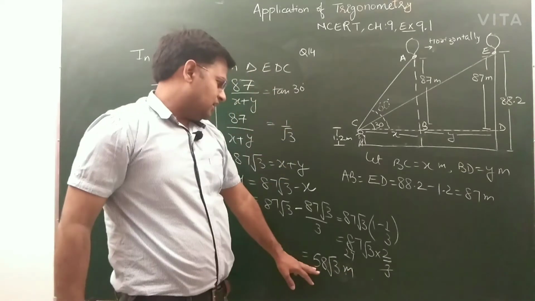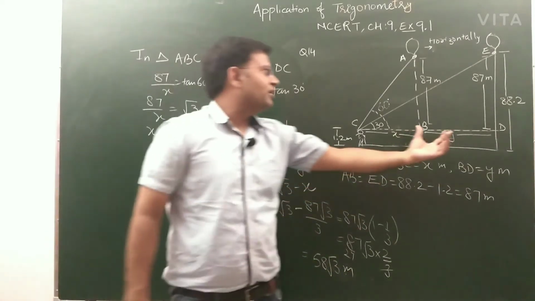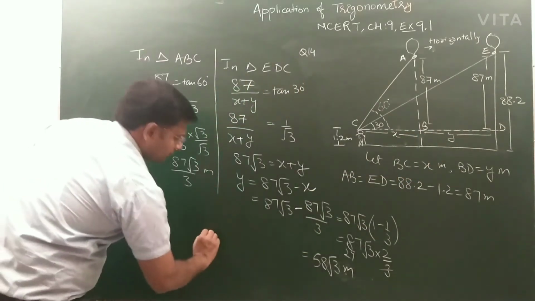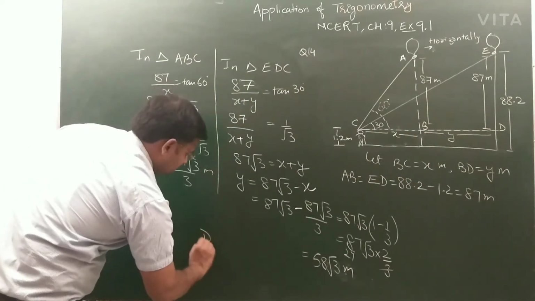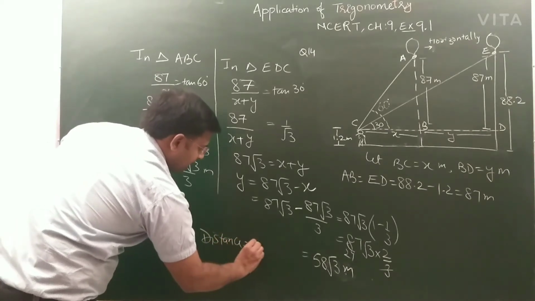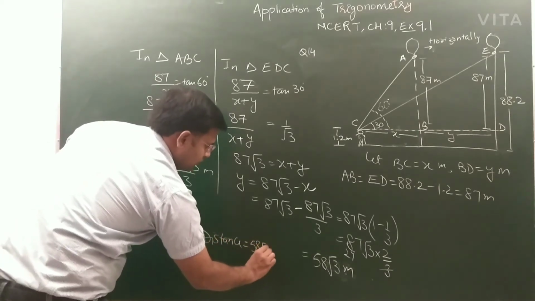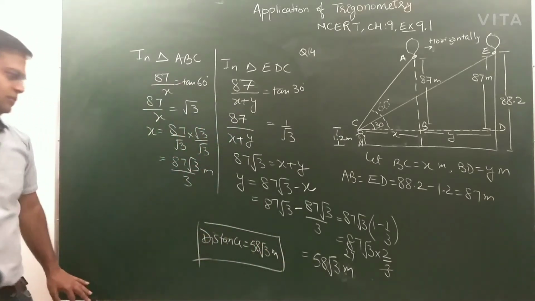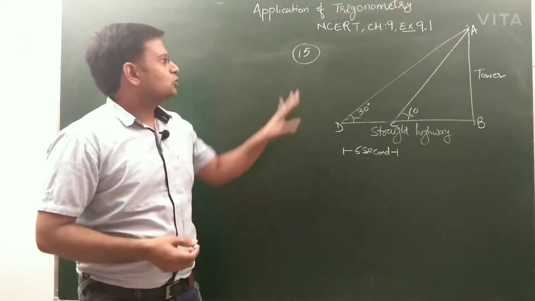Now you can write the final statement that the distance traveled by the balloon is 58 root 3 meter. That is your answer.